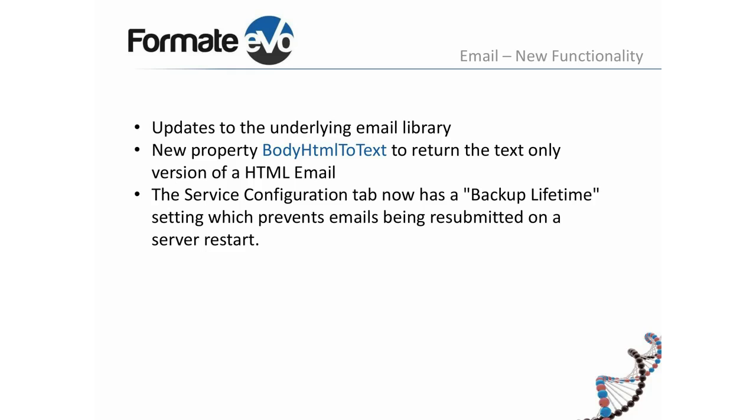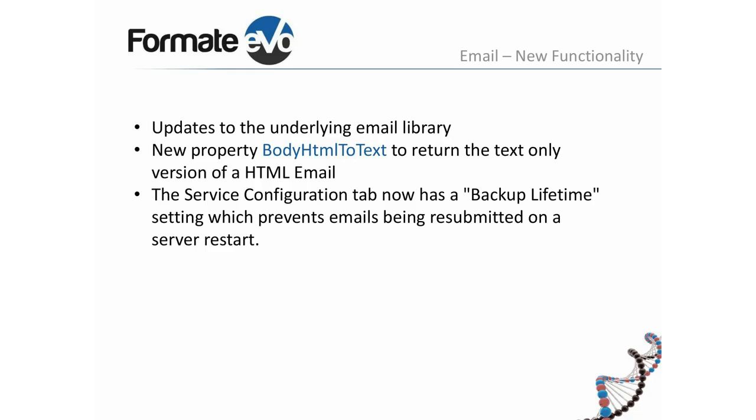That basically means an email job is submitted completely separately to the production of a PDF or the final output, the final print. If, for example, the eVo server became disconnected from your email server, then obviously the sending of emails would fail. And those jobs would then basically sit in the email queue. They would only be resubmitted upon a server restart.